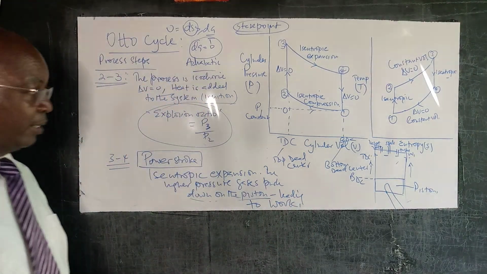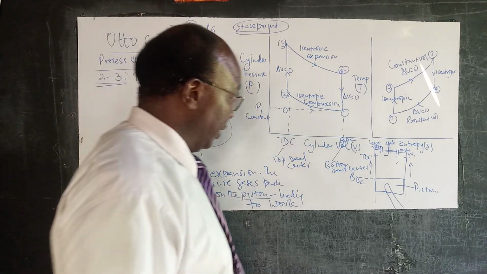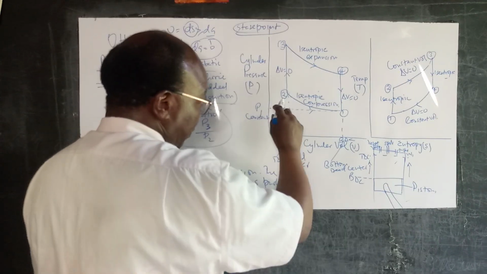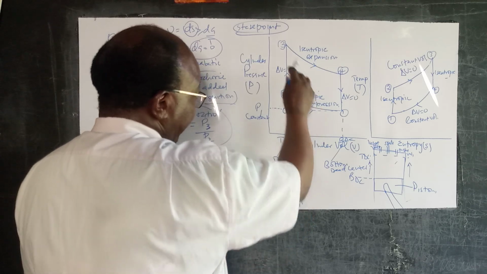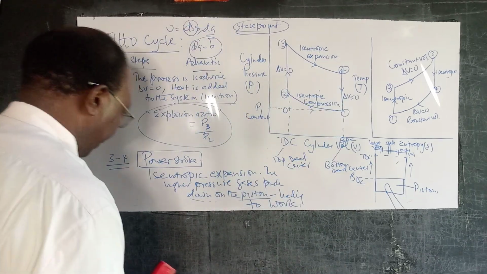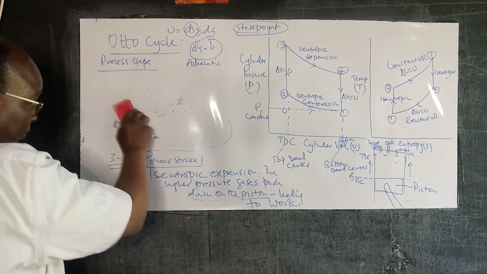So we have work. That's a very important point. So we have seen it is isentropic expansion. So we have it here, isentropic expansion. That particular step there. Now, what happens after that?